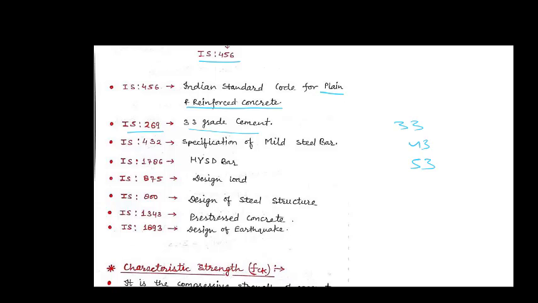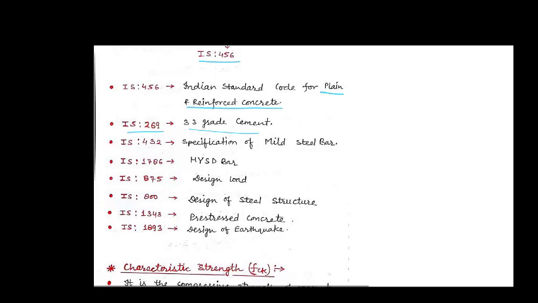Okay, and for reinforcement we are using HYSD bars, mostly HYSD bars. Here HYSD stands for high yield strength deformed bars. Okay, we will learn about types of bar in the next lectures. So we will use IS 1786 for HYSD bars.